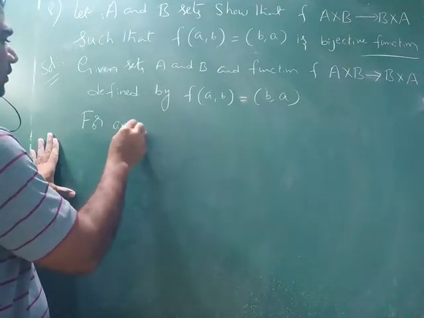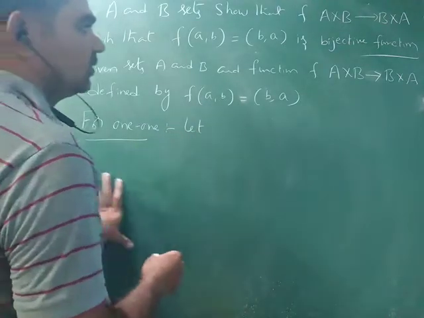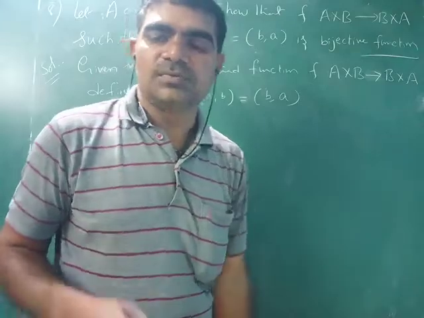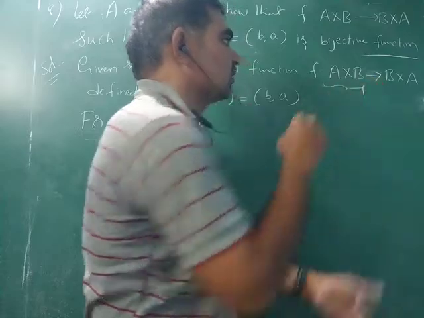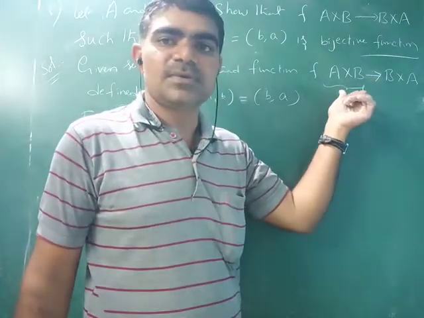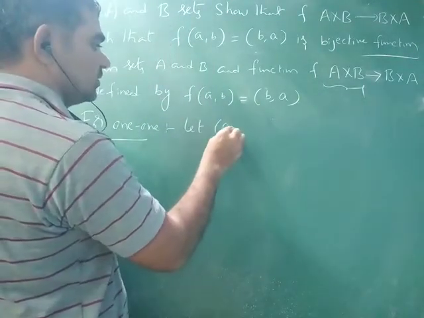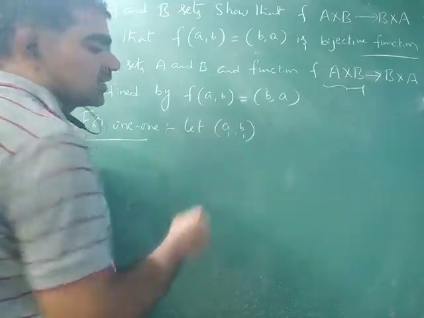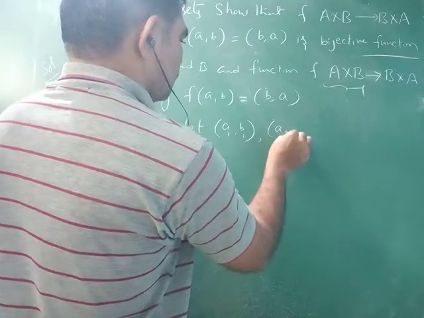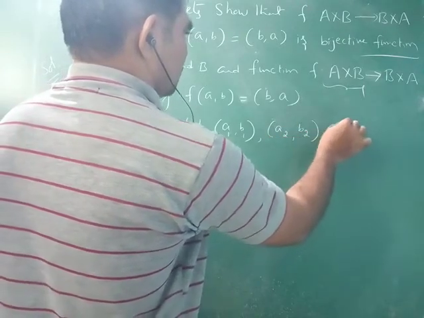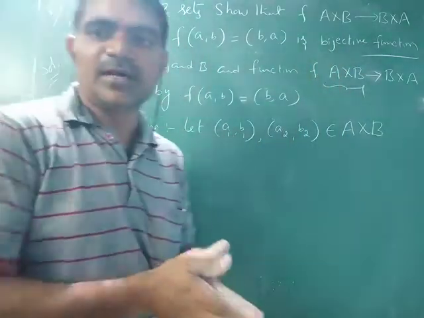okay. For one-one, very easy. What will we take here as elements? You take x1 comma x2. Here domain is what? Cartesian product, right? Cartesian product means the elements are ordered pairs. That's why you can take like this, a1 comma b1, or you take x1 comma y1, whatever. a2 comma b2 belongs to A cross B. A cross B is nothing but domain, right?